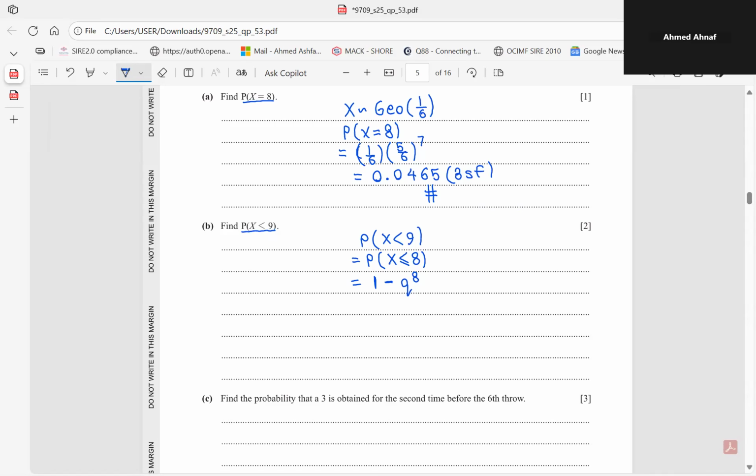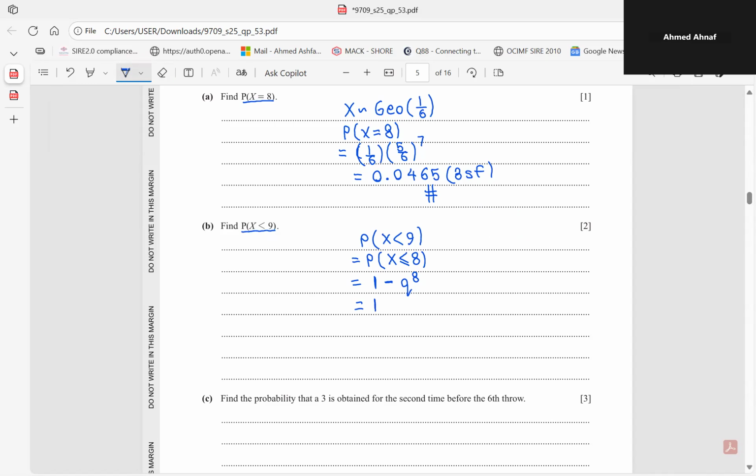So when you add the probability of failing 8 times and the probability of getting your successful outcome within 8 tries, it should add up to 1. Again, I'm using this probability formula, so P prime must be equal to 1 minus P, where P prime is the probability of an event not happening and P is the probability of an event happening. So this is the logic behind this formula.